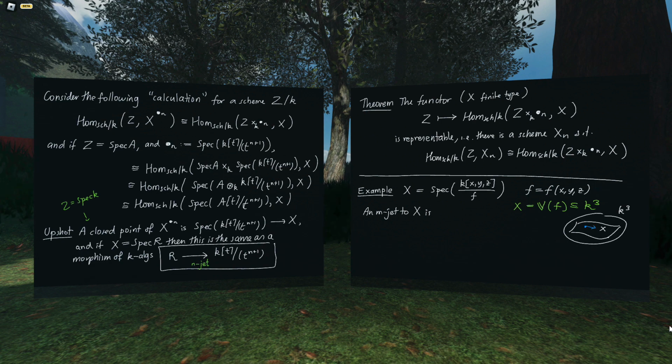A 2-jet is something. Okay, well, by the prescription that I've just introduced, by definition, an m-jet to X is a k-algebra homomorphism, let me call it gamma star, from the ring to k[t] modulo t^(m+1).